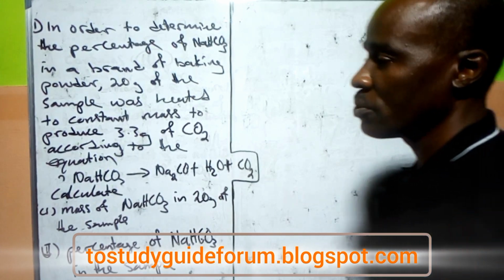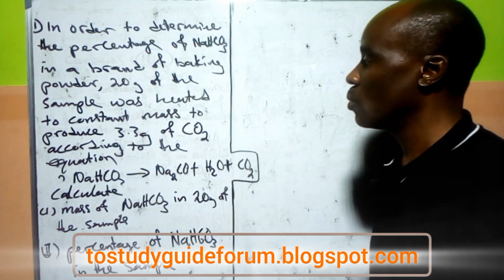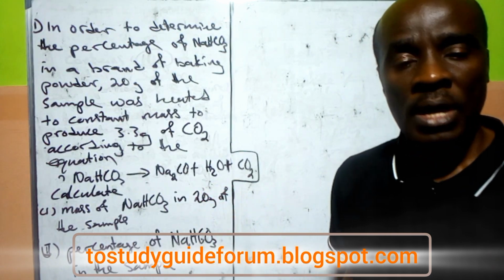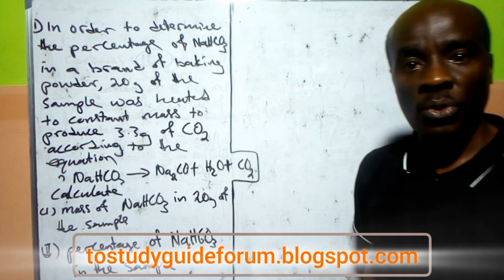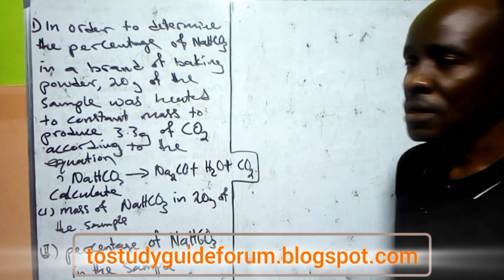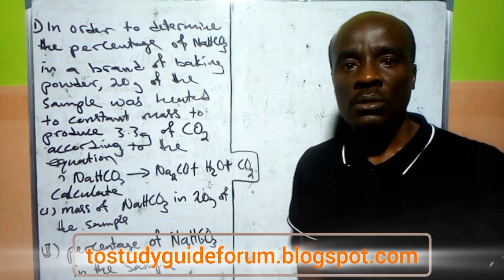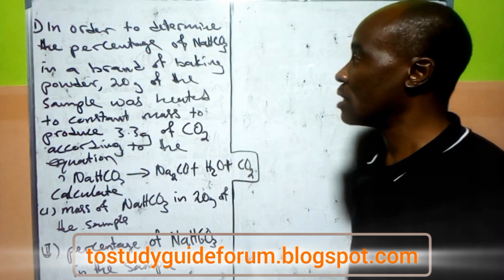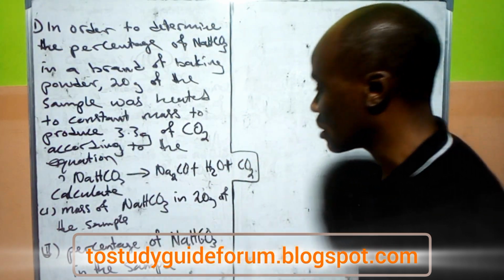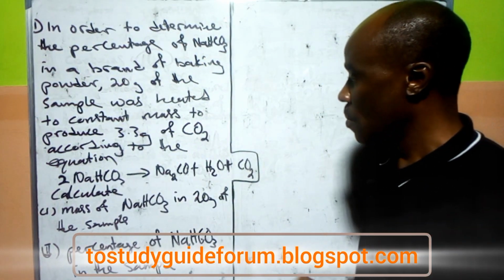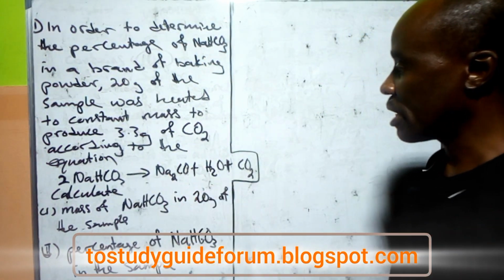In this question, we are going to learn how to calculate chemistry problems that have to do with mass to mass stoichiometry. That's the relationship that has to do with mass to mass. In a stoichiometric equation, we talk about the chemical equation.